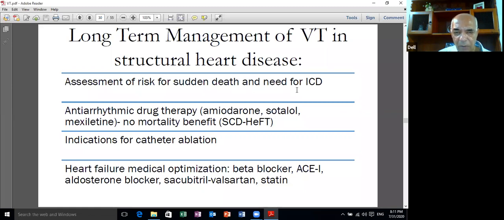So overall mortality does not decrease with antiarrhythmic drugs. But still, because ablation and other invasive measures are more drastic, the guidelines recommend using drugs first, and if they fail or are intolerable or undesirable, then you move to the third step, which is catheter ablation. Meanwhile, you optimize the treatment of heart failure by using the various drugs we use in the treatment of heart failure.